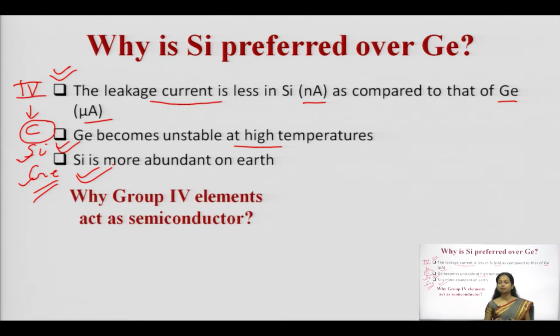Now, one question may come into your mind: why only group 4 elements act as semiconductors? Why not group 5? Why not group 3? This is a very important question you may be asked a number of times.